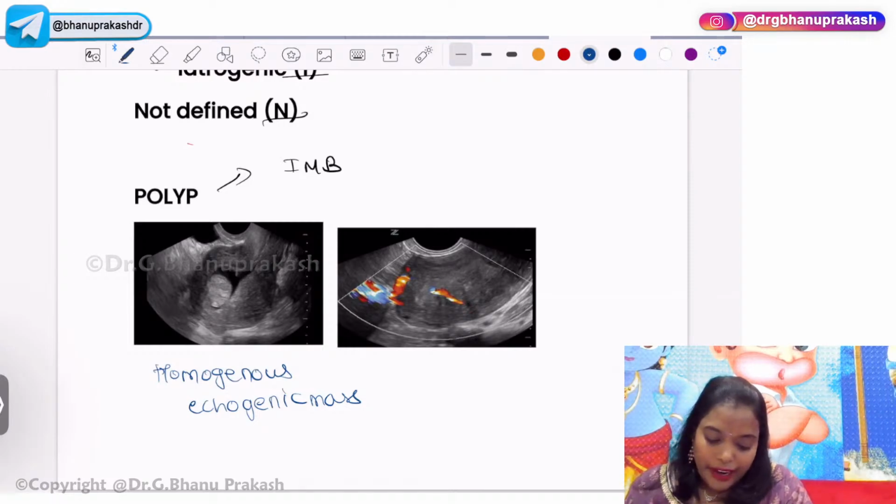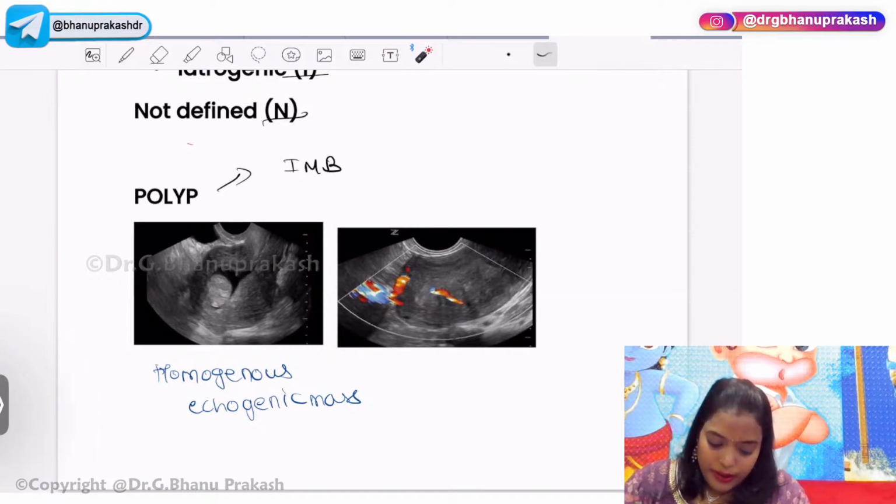Where do we see ring of fire appearance? So, yes, this is a homogeneous echogenic mass. And when you see a Doppler, you will see only one vessel going inside the polyp.